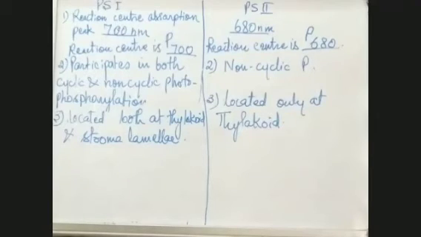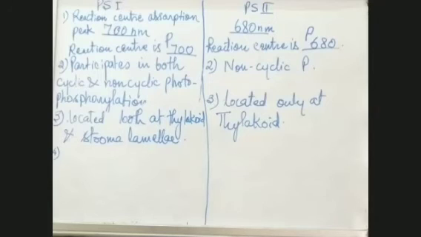The next point is about the photolysis of water, and the release of oxygen. You know, as a result of photolysis of water, oxygen is released. PS1 basically participates in the cyclic.